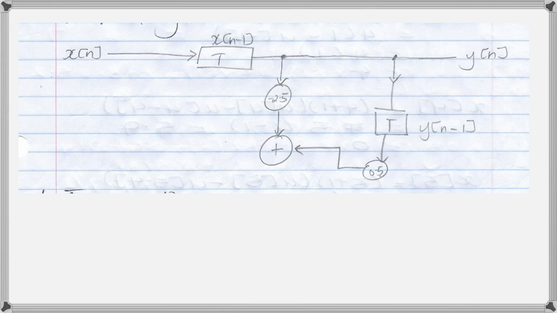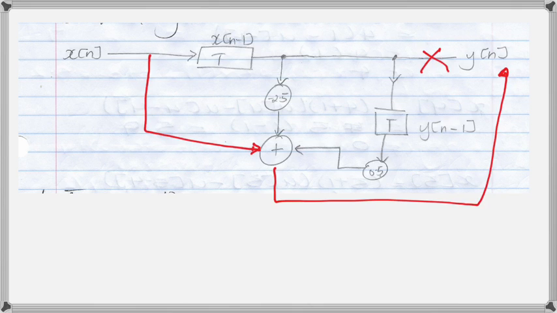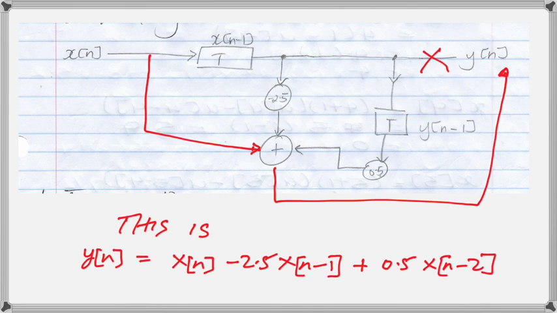Now, going back to the student's diagram, even if we were to do that, we still have not got the correct expression. Can you see why? Because what we have actually drawn there is that.